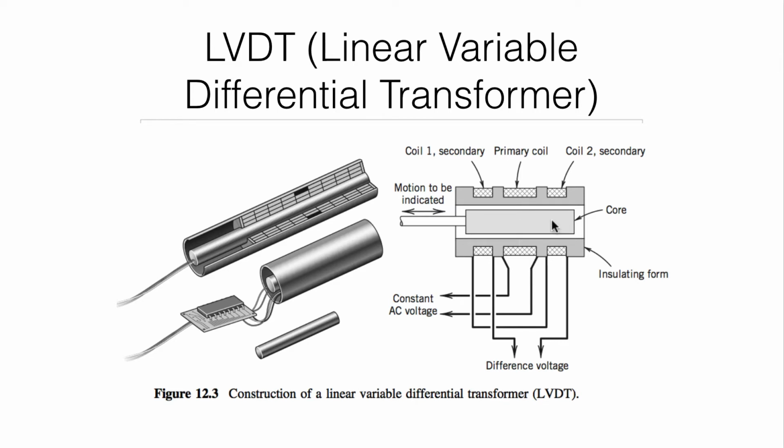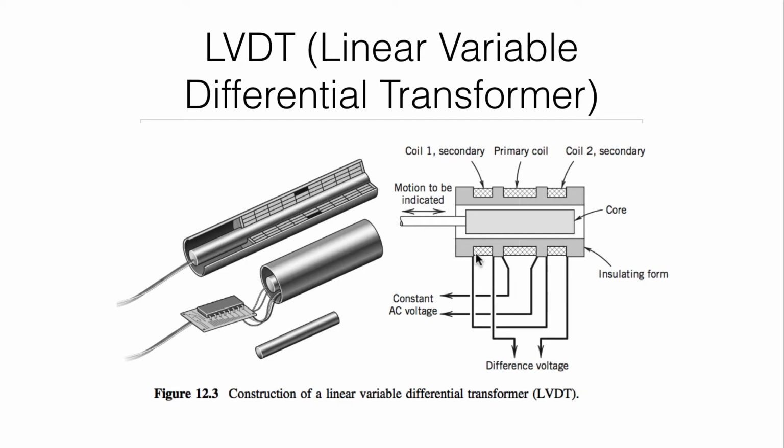If I move the core, then I'll increase the linkage between the primary and this coil 1 secondary, if I move the core over here, and I'll decrease the magnetic linkage between this primary coil and coil number 2.